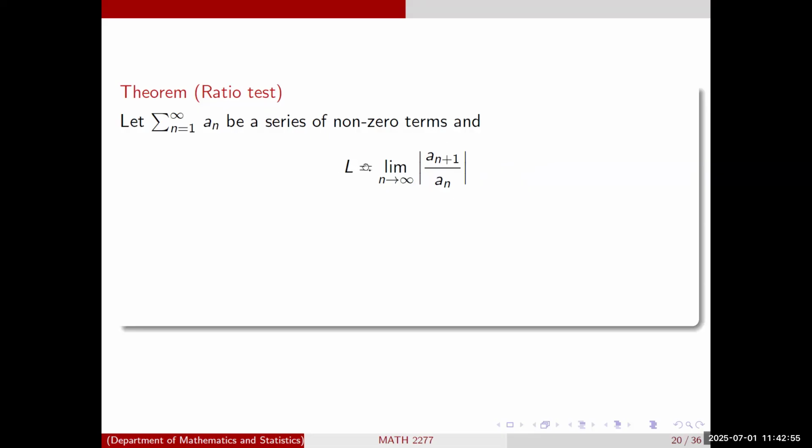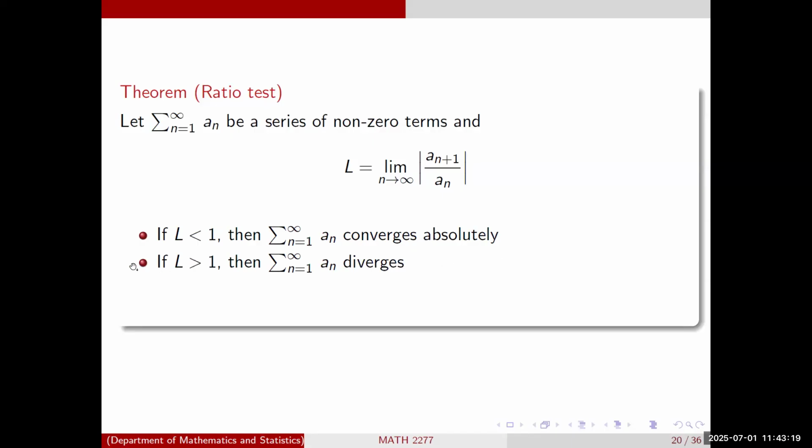Now, depending on what this L turns out to be, it will tell you whether or not this original series is converging or not. Okay, so if that L is strictly less than 1, then the series converges absolutely. And of course, convergent absolutely means you also converge.